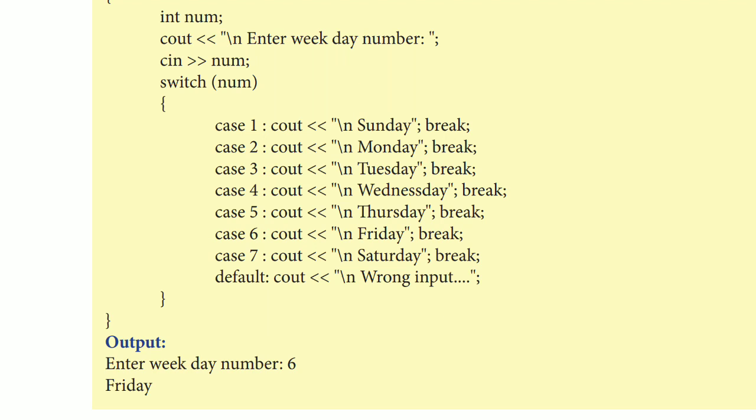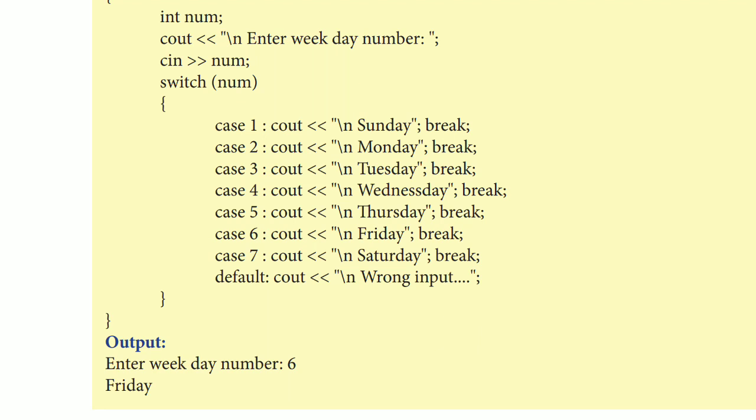So 6 means Friday, 7 means Saturday, 1 means Sunday, 2 means Monday, 3 means Tuesday, 4 means Wednesday, and 5 means Thursday. So it will give the output according to the value present in the num variable.